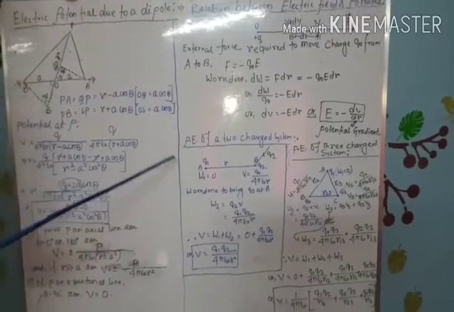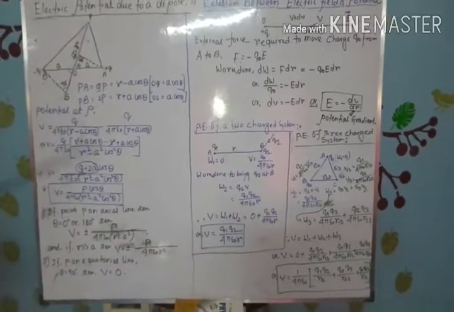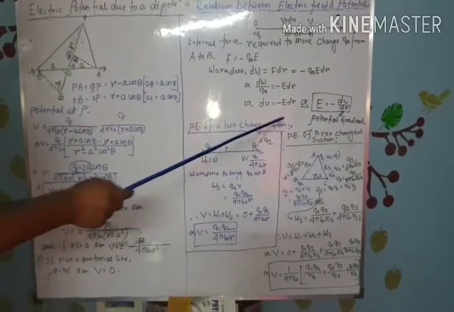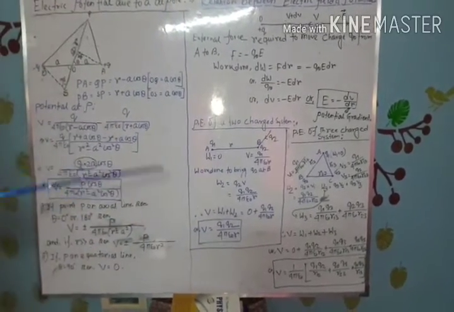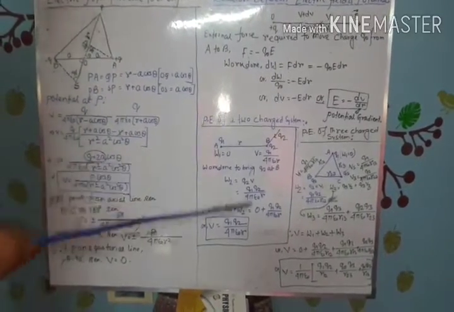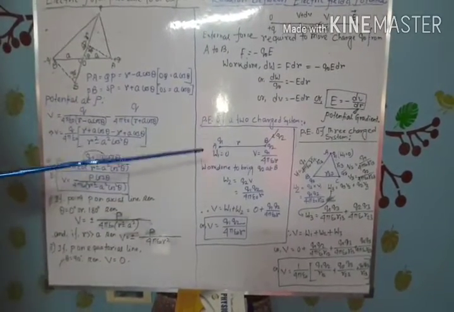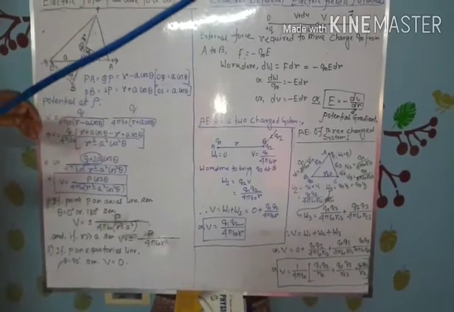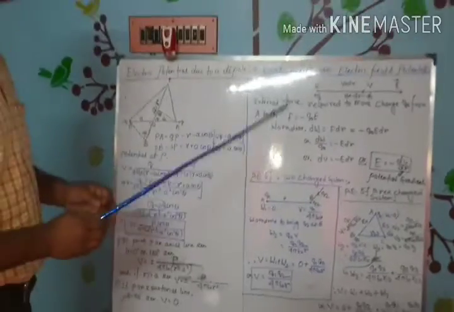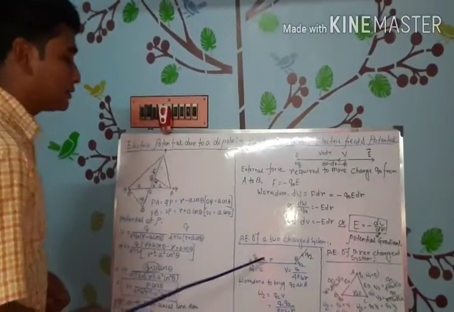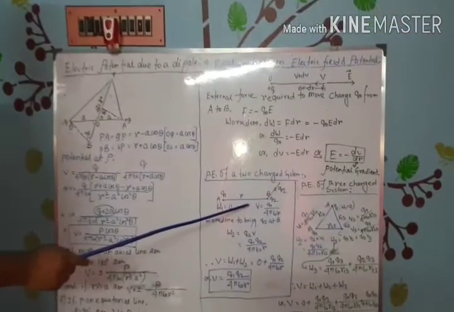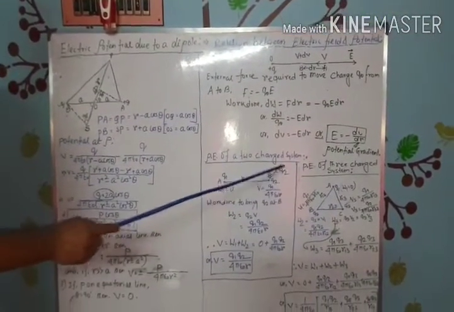Next, we learn about the potential energy of a two-charge system. What is the concept to determine the potential energy? The concept is that in a particular space, we have to determine the amount of work done to place the two charges at particular positions.